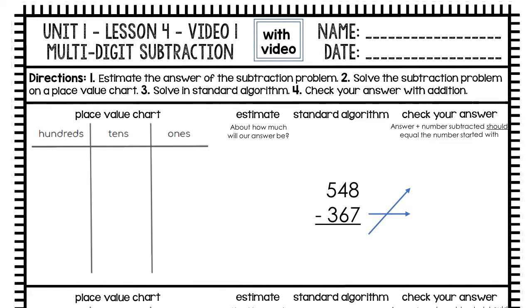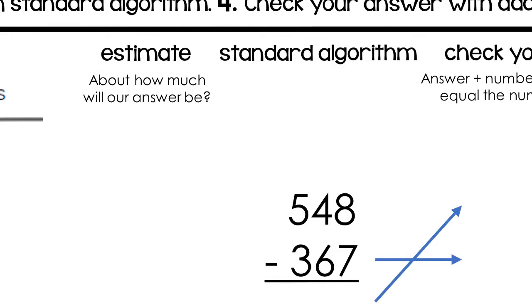All right, we're beginning. 548 minus 367. The first number in a subtraction problem is called the minuend. In our problem, 548 is the minuend. The number that we're taking away, 367, is the subtrahend.